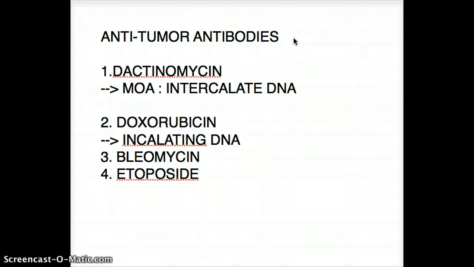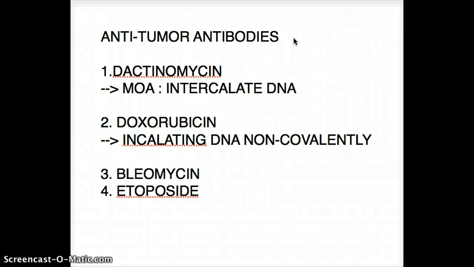Now, they do it kind of non-covalently, and they generate free radicals, and that's how they intercalate DNA. So quite simple. Now moving on to bleomycin.